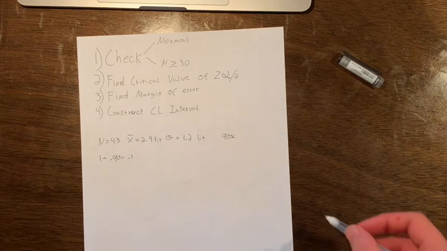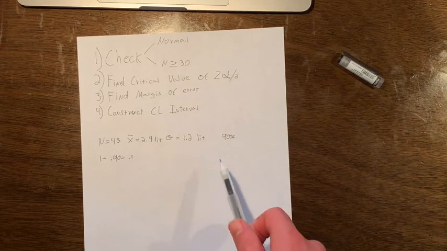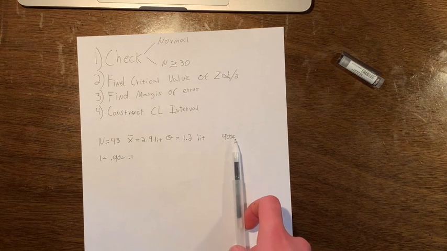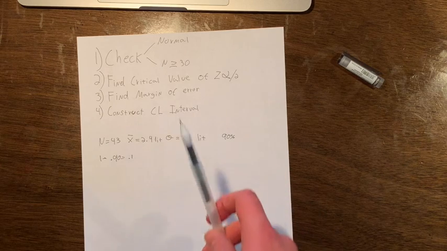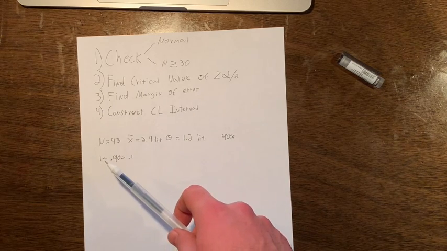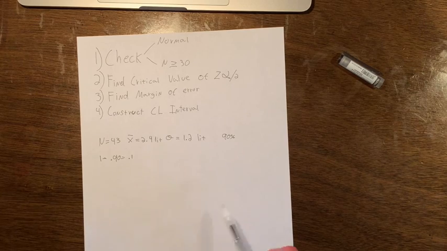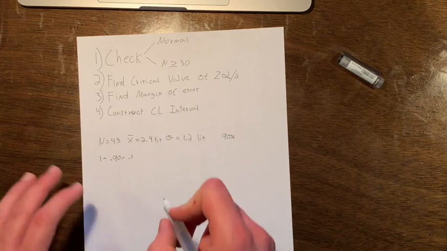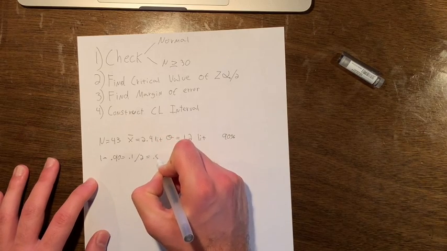Step number 2 is to find the critical value of z alpha divided by 2. So I already wrote that there is a 90% confidence interval. And to get the critical value, we need to subtract 90% from 1, and then we get 0.1. This should also be divided by 2, so we can get 0.05.